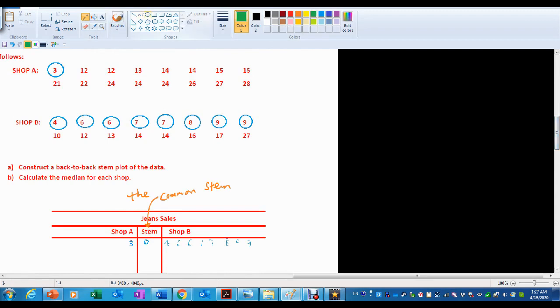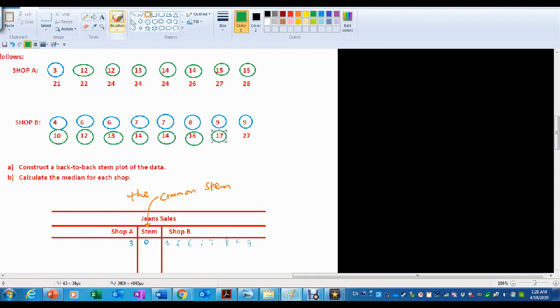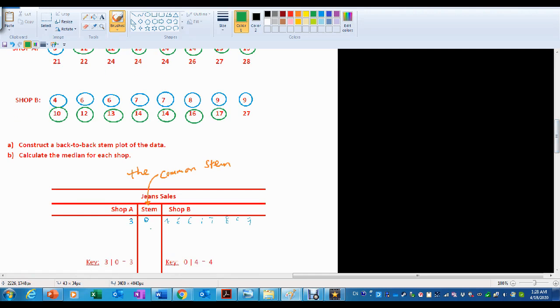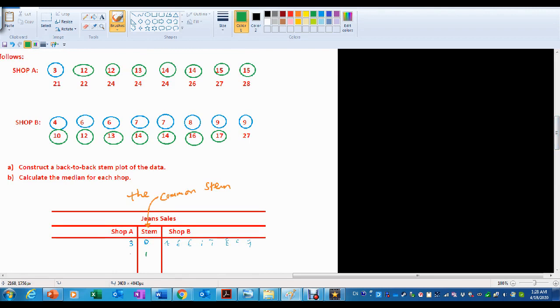It's about 12. So for the second one, you write 1 here. And for A you will have 12, 13, 14.